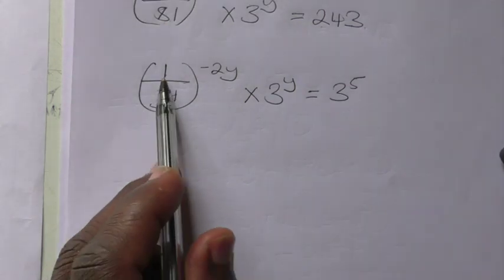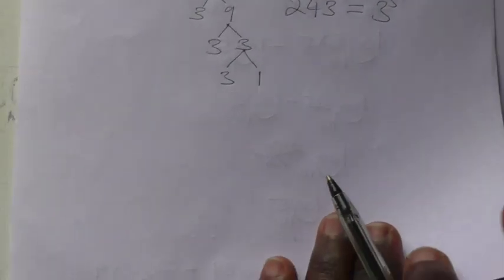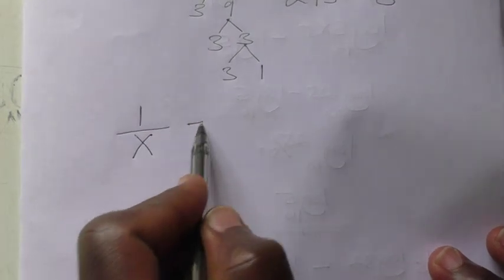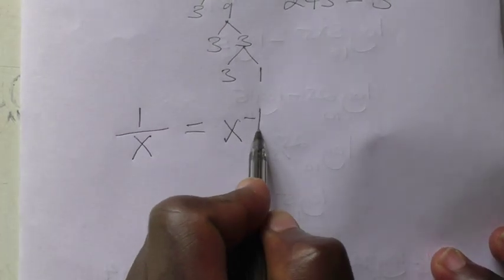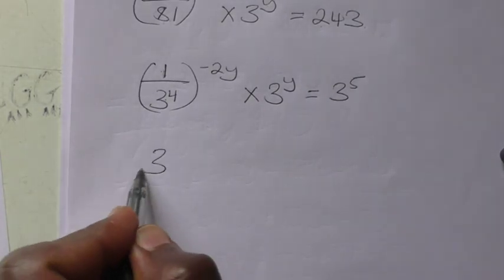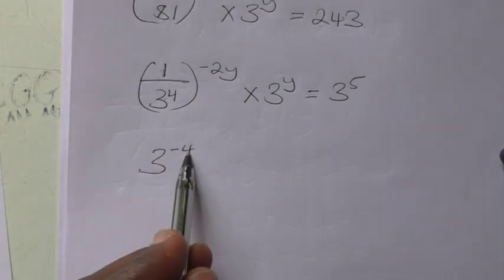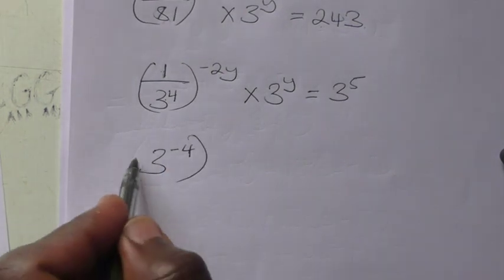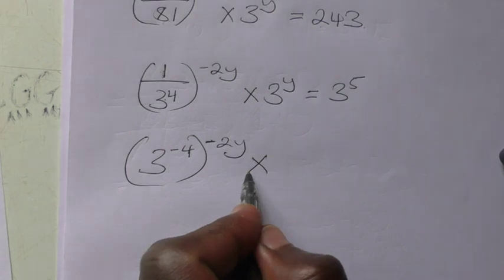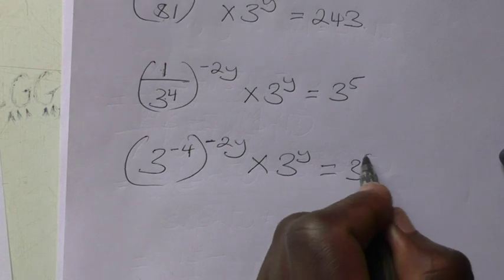But 1 over this is the same as, if you didn't know this, it is very important to know, 1 over x is the same as x power negative 1. And similarly, this will be 3 power negative 4, since the negative 1 will multiply with the 4. Then power negative 2y times 3 power y equaling 3 power 5.